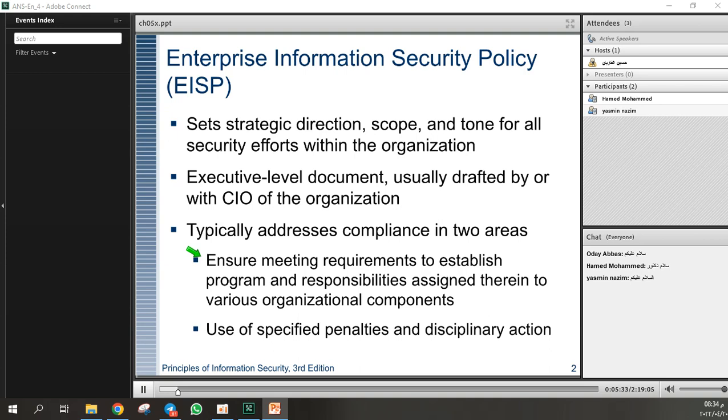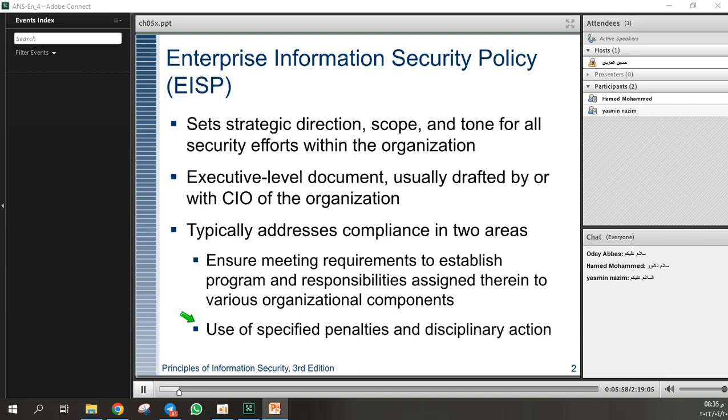Okay, and also we must define some specific penalties. Okay, if you don't act based on this policy, you must pay this penalty.